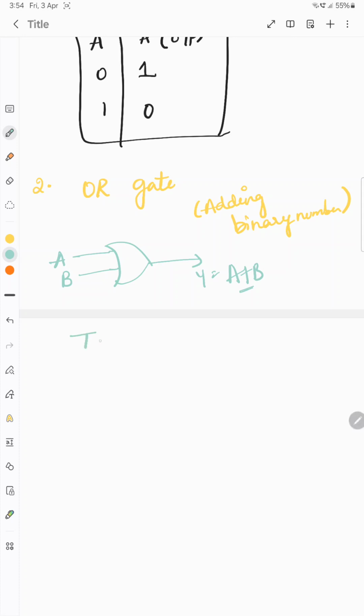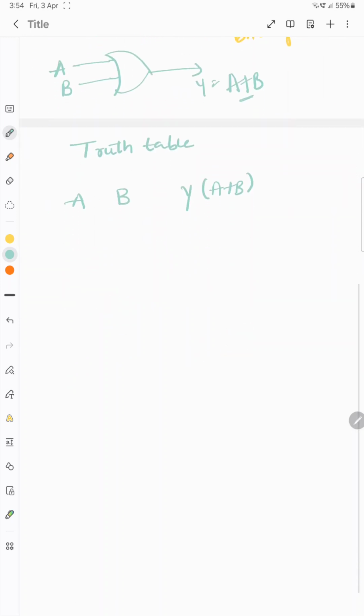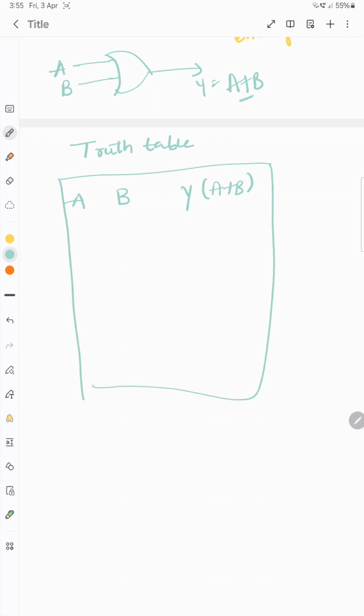So the truth table is: we have 2 inputs A, B and the output Y. What is Y? A plus B. Based on this, we will get to know how this OR gate is going to work.